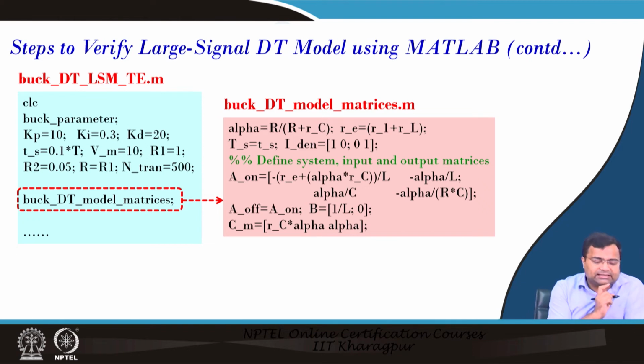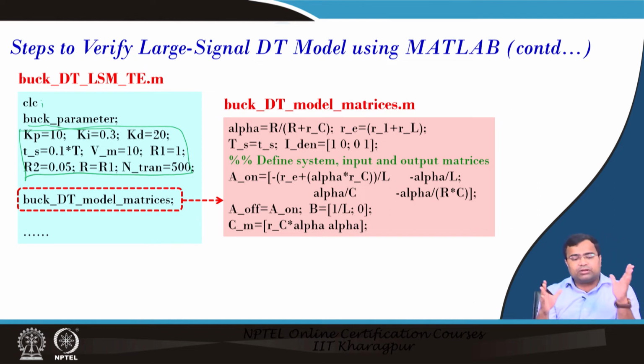In the discrete time large signal model, we will not close or clear the file. We may simply clear the command window prompt, but we should not clear anything in the workspace. Then we will call the Buck parameter. This part you can in fact disable, because it is common and is taken from the switch simulation.